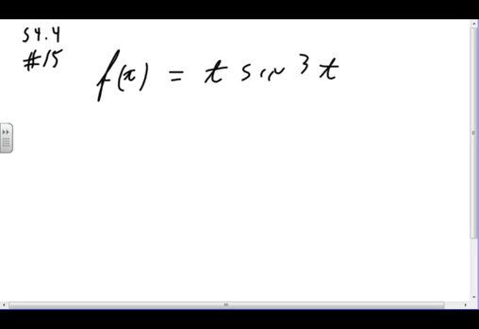So we'll look at theorem 2. Okay. Then I guess we'll apply theorem 2.